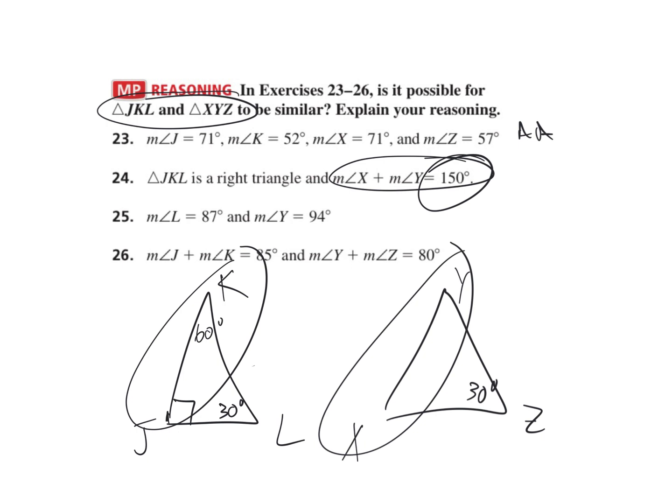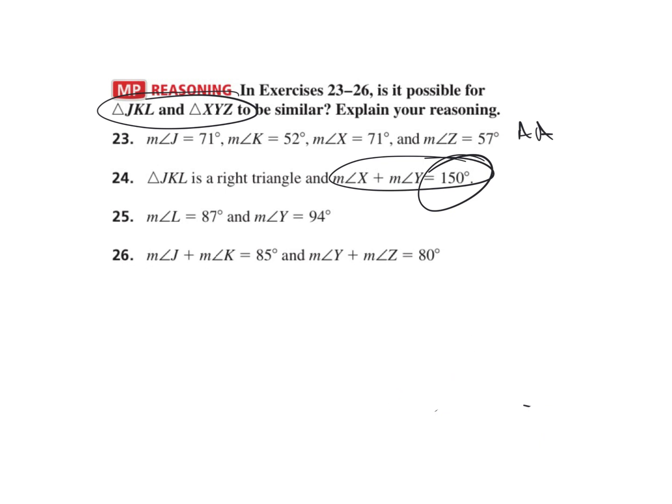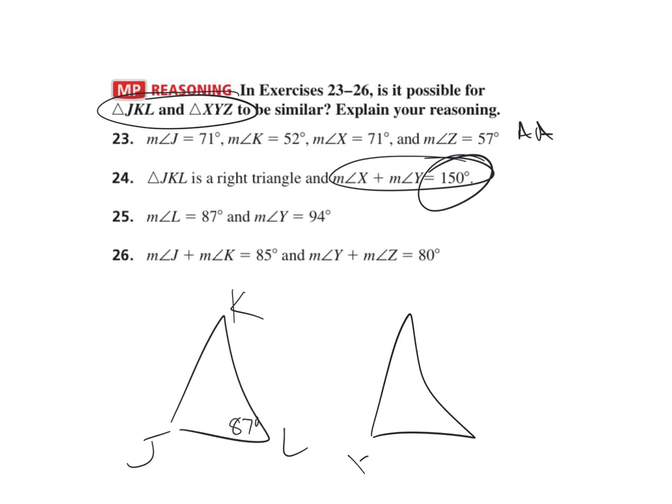All right, so let's erase all those. And I'll draw it again on number 25. So JKL, angle L is 87 degrees, and XYZ, angle Y is 94 degrees.